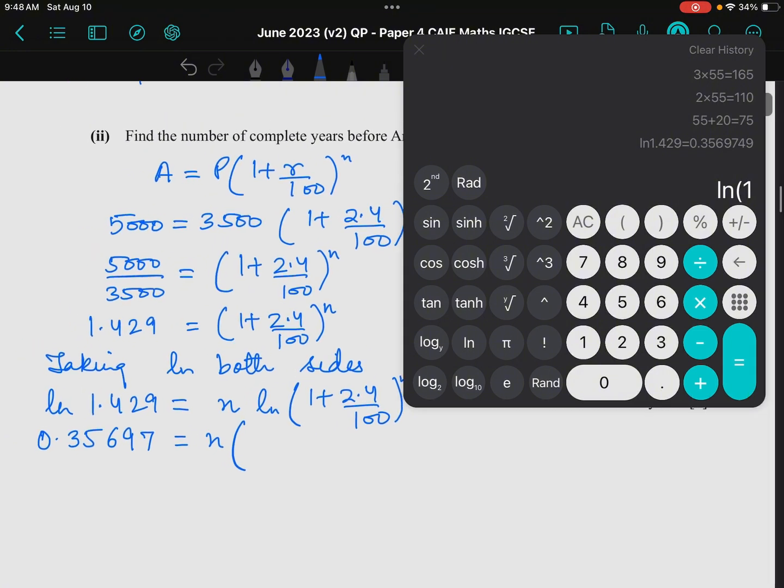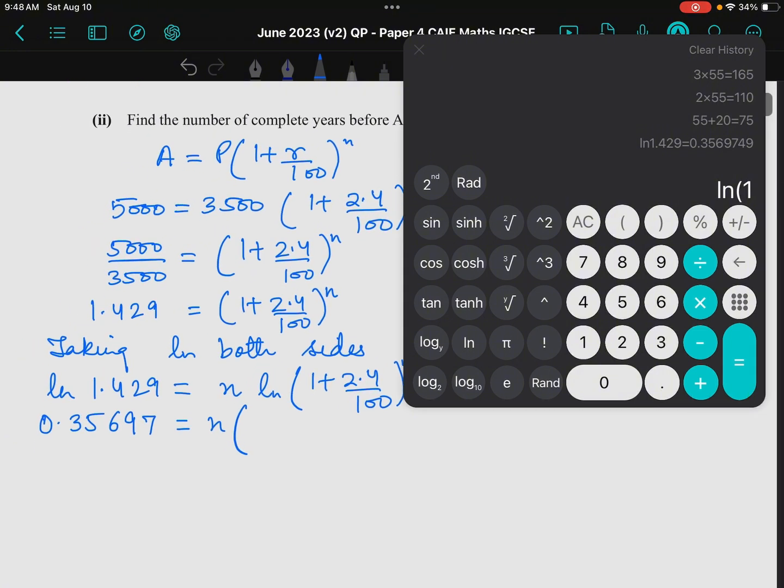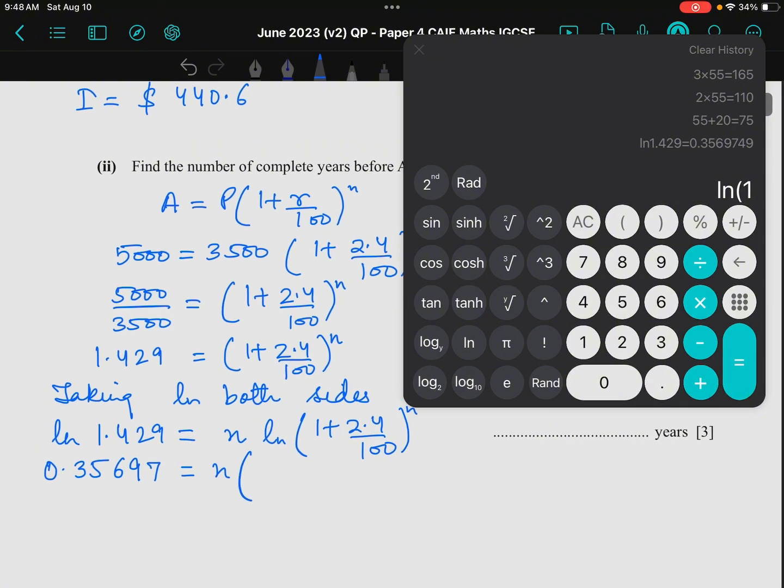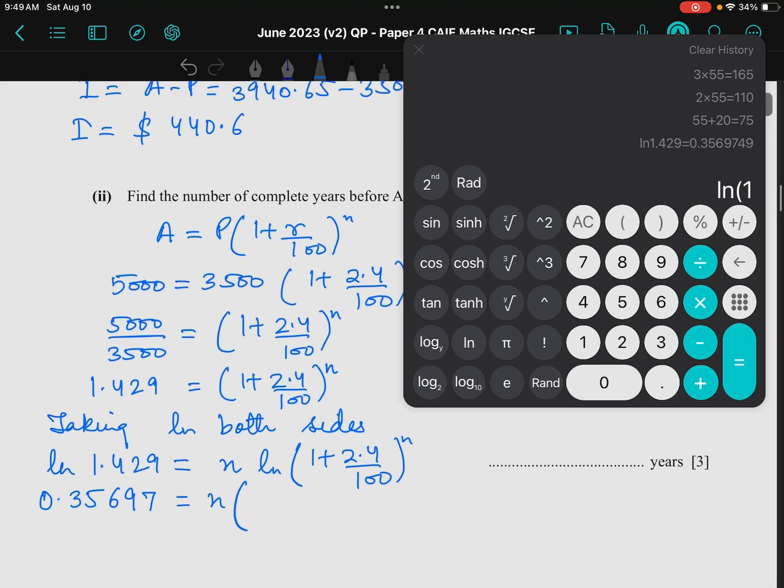When I solve 1 plus 2.4 divided by 100, it will be 1.024. Let me check first. 2.4 divided by 100 plus 1 is 1.024.